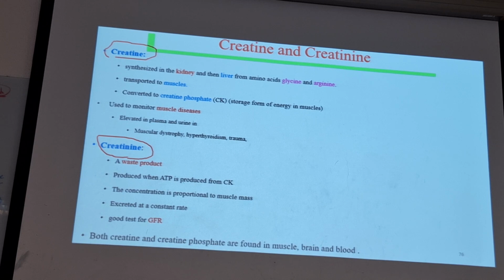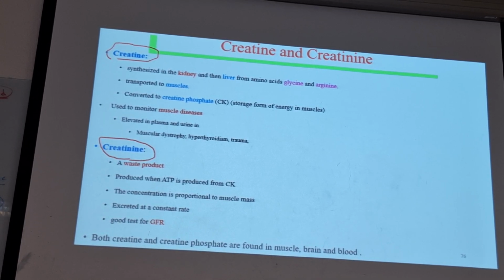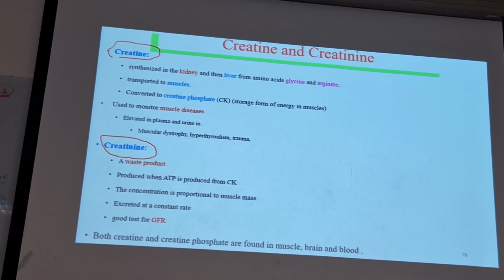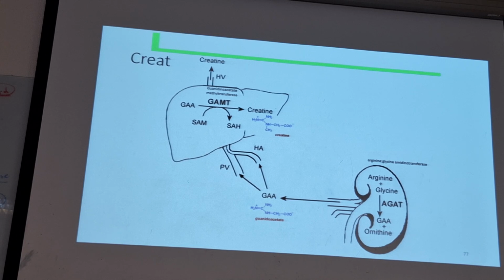Creatine is used by muscles, and creatinine is the waste product from it. Exactly.